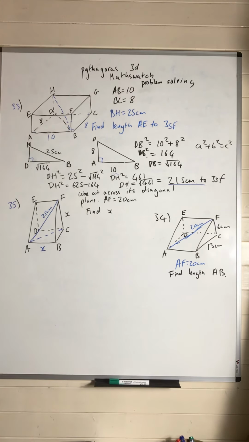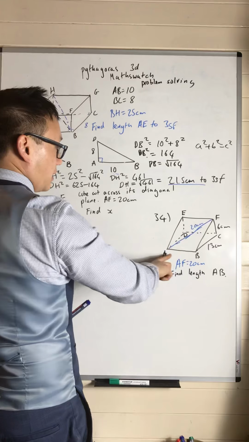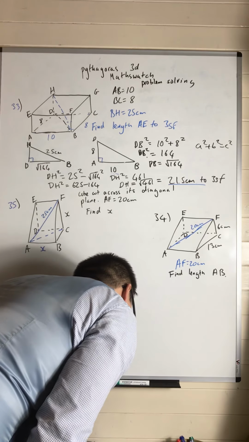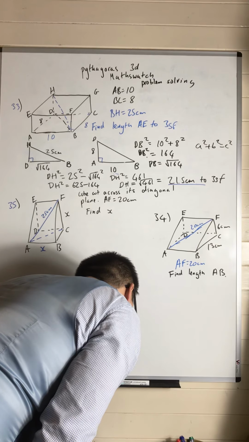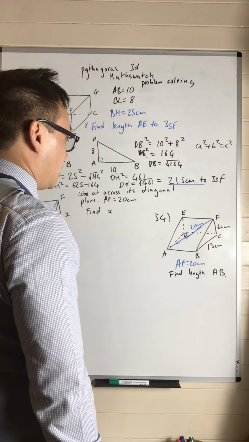Right, question 35. I'm going to do 34 first because that will help you understand 35. So 34, we're trying to find the length AB. AF is on the top of the plane, that's 6. Do we get any angle help? No, so it is just 3D in the question.